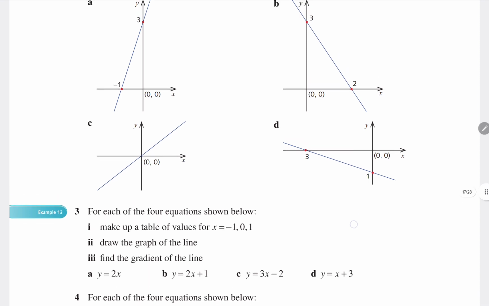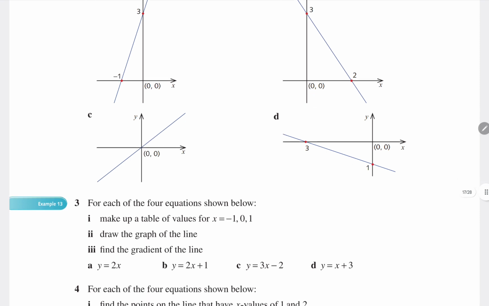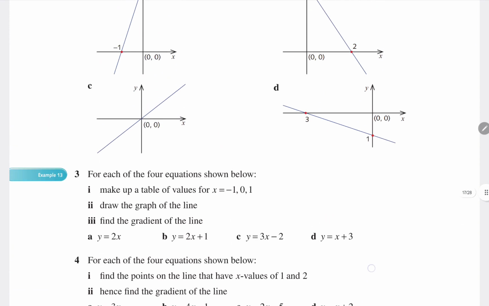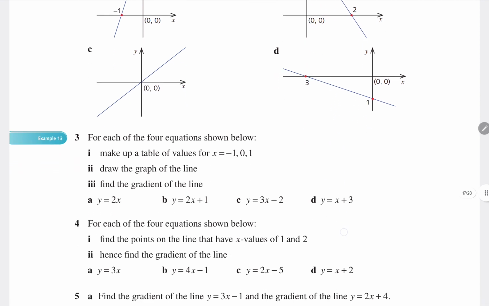Yeah, it's 1, but that's strange. It should be -1, because that's below the x-axis. Alright, that's fine. Why is A the first one? Because it's the point on the y-axis that the line cuts through.